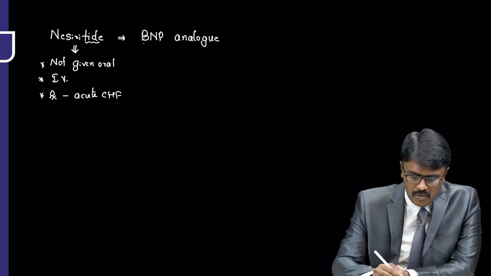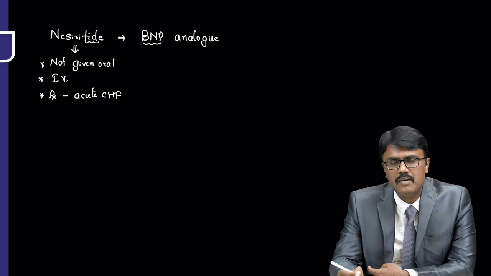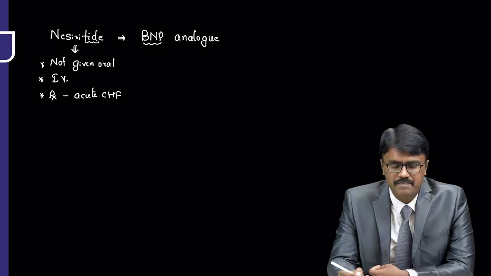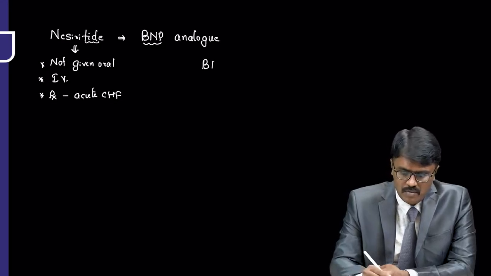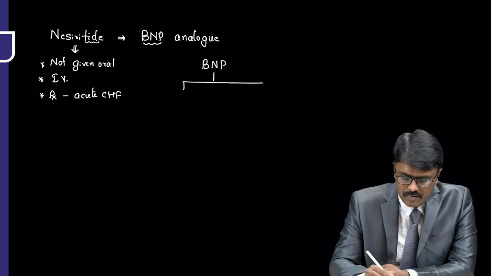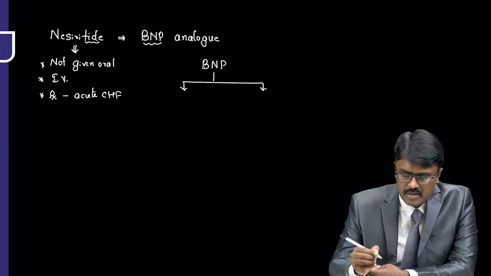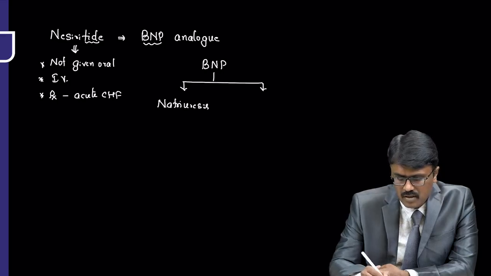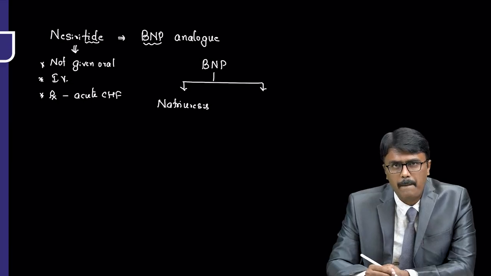But what do you mean by a BNP analog? BNP stands for brain natriuretic peptide, and it has two important actions. The name itself is telling you it produces natriuresis. Natriuresis means loss of sodium in the urine.